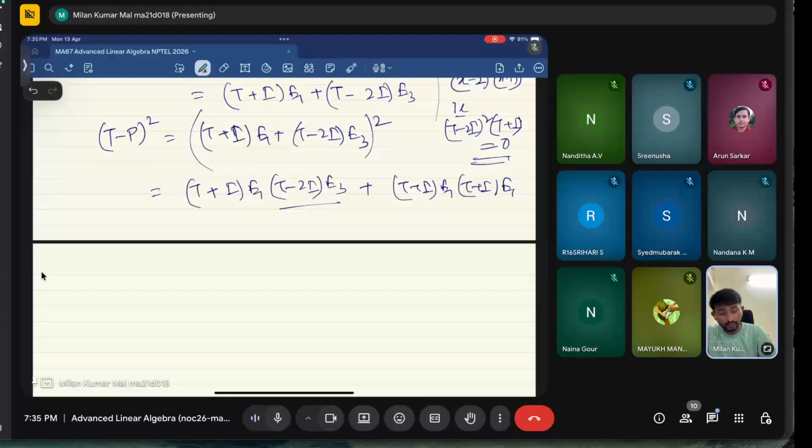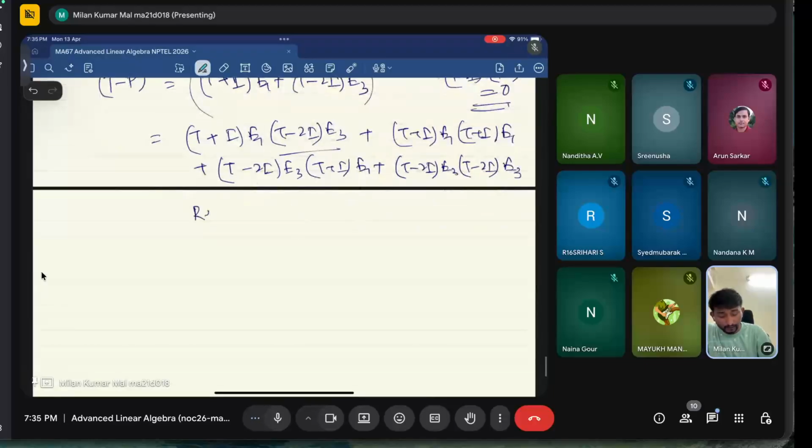Here we don't have the commutativity. And another is (T minus 2I) E3 (T plus I) E1, and another is (T minus 2I) E3 (T minus 2I) E3.